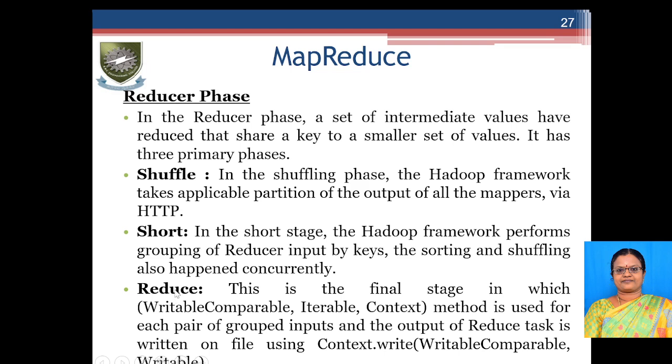Then finally it reduces. This is the final stage, where it uses different classes like Writable, Comparable, Iterable, and context methods available in Java. It is used for grouping each grouped input, and the output of the reduce task is written to the file using another class called WritableComparable.